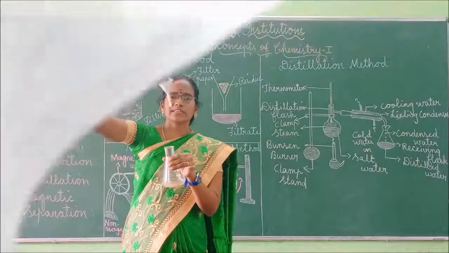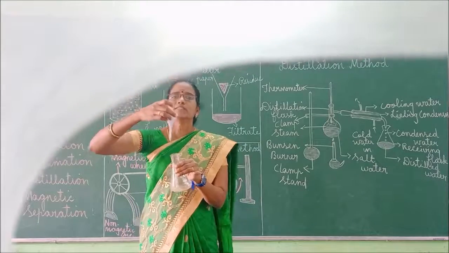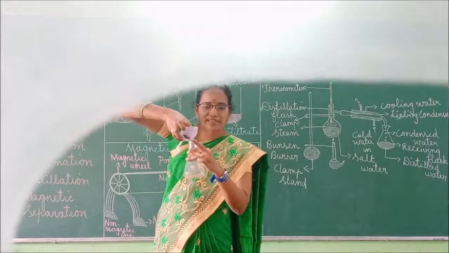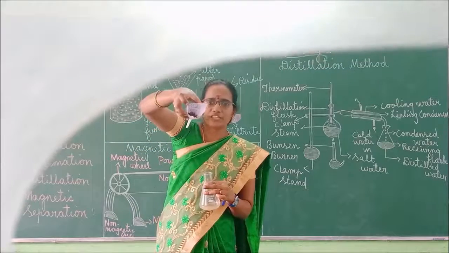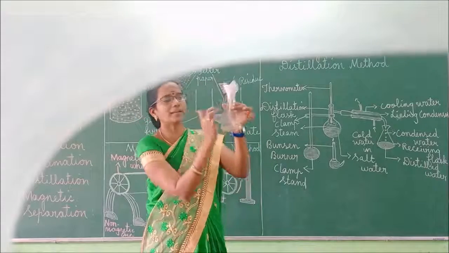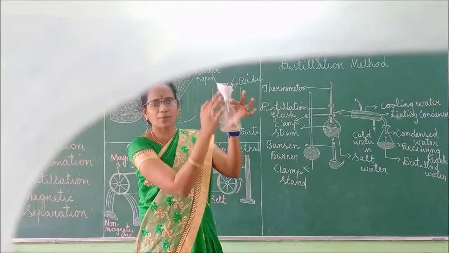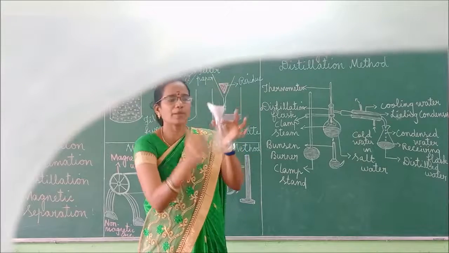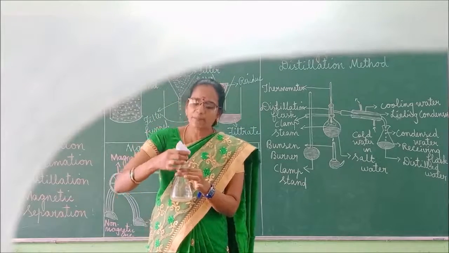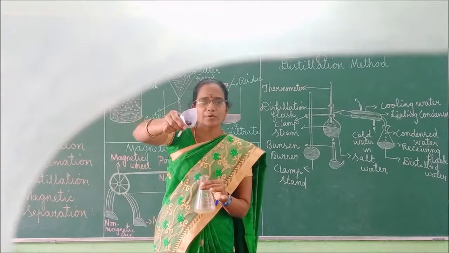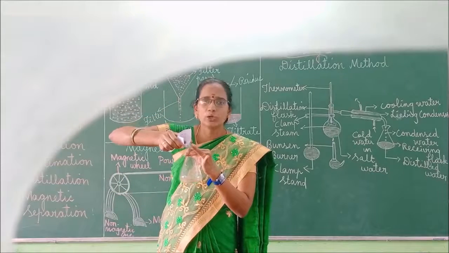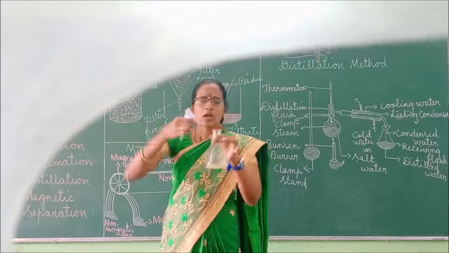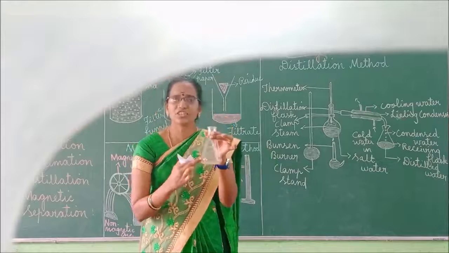The sand particles stay behind the filter paper and the water passes through. The sand particles that stay behind are called the residue. It is nothing but the waste product, and this is called the filtrate.